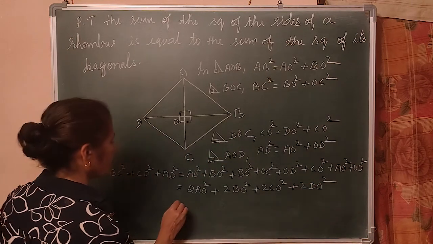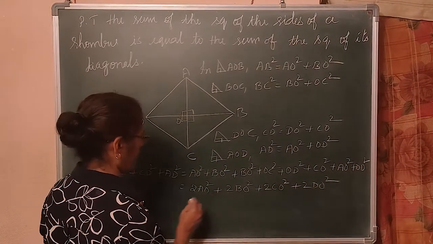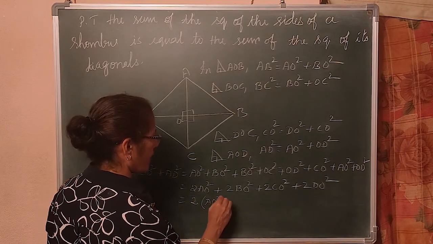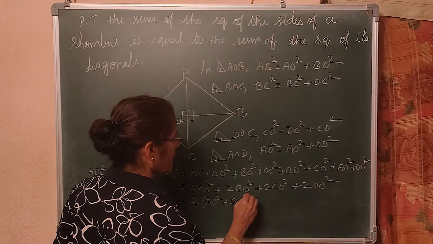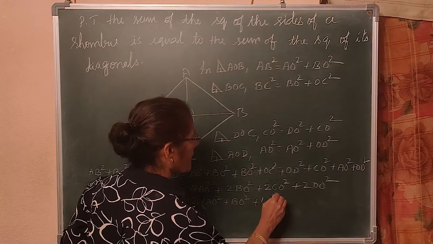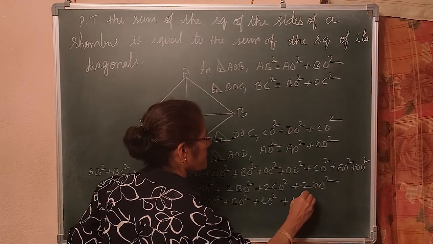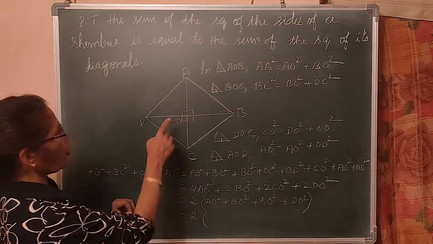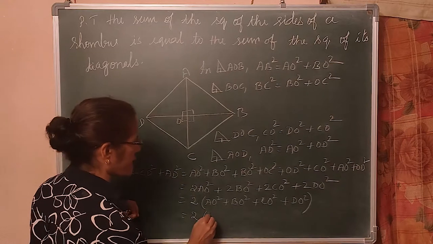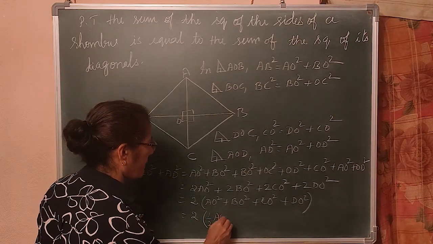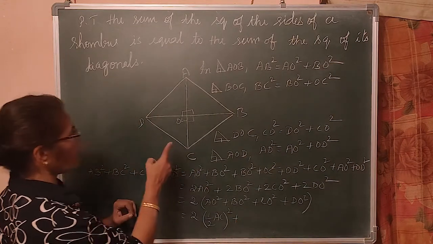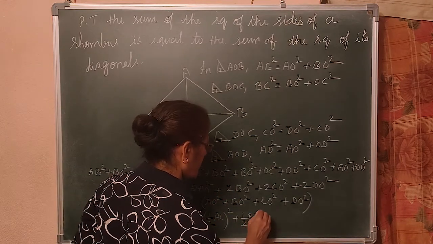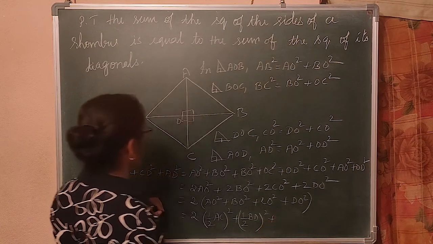So what do we do? In this, 2 is common. Let us take out 2 of AO square plus BO square plus CO square plus DO square. Right? Is equal to 2 of, what is AO? Half of AC the whole square, plus what is BO? Half of BD the whole square, plus what is CO?